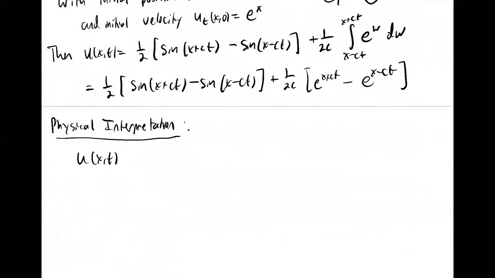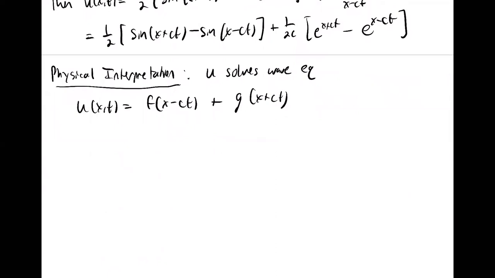Right, so we showed that if u solves the wave equation, then u has to be a sum of one function of x minus ct and another function of x plus ct.